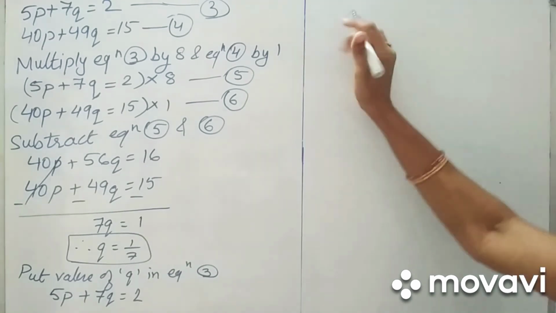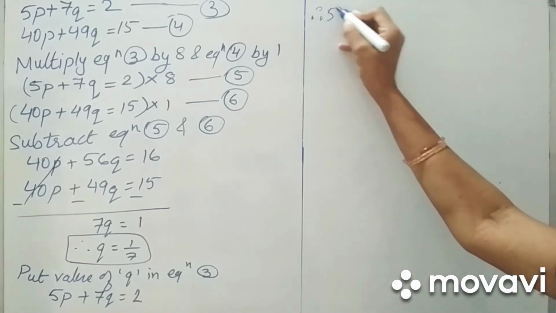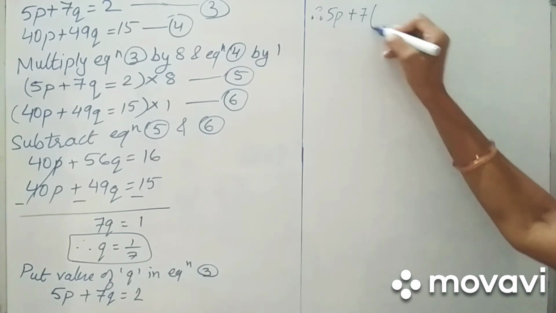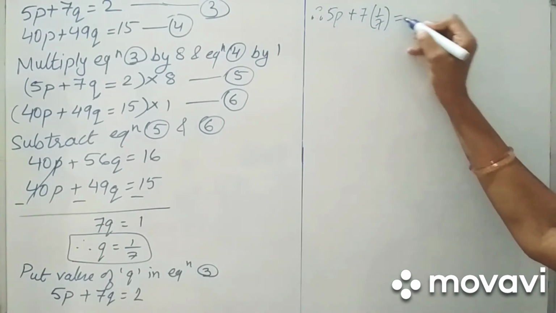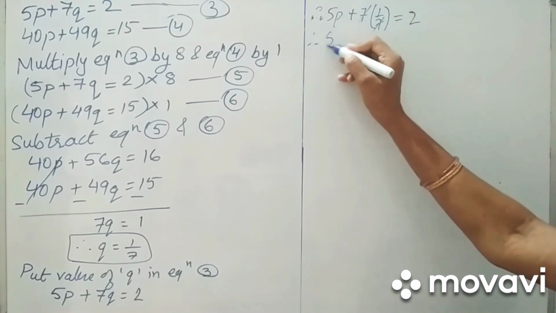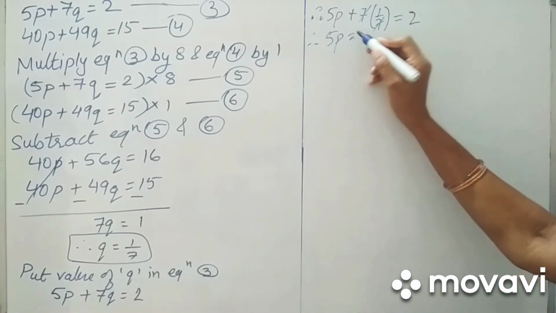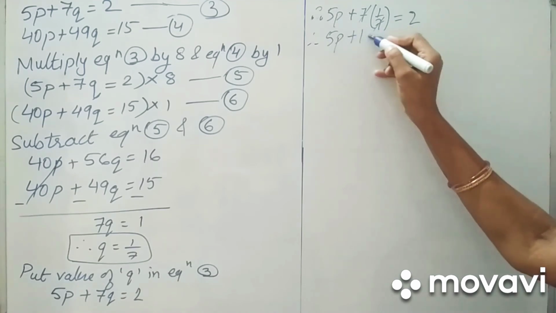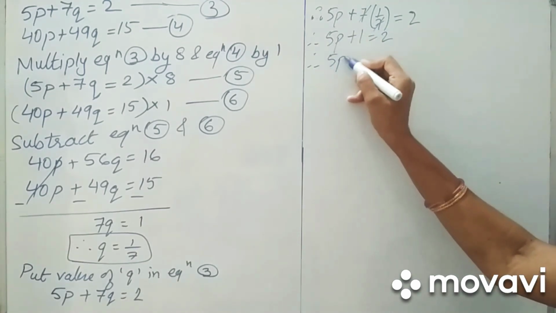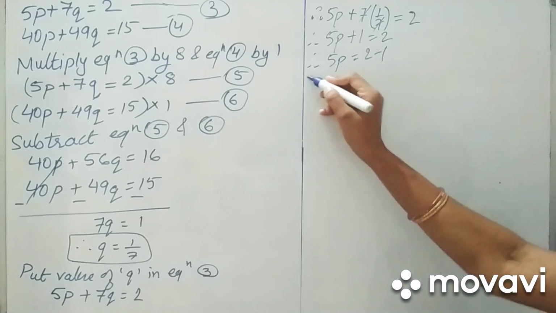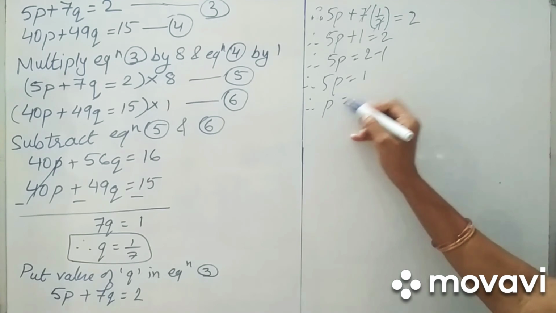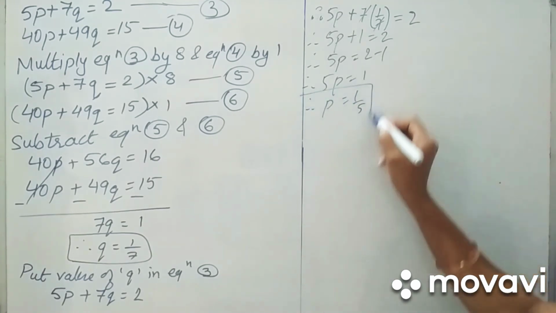Therefore, 5p plus 7 into 1 upon 7, the value of q, is equal to 2. 7 is cancelled. Therefore, 5p plus 1 is equal to 2. Therefore, 5p is equal to 2 minus 1, 5p is equal to 1 and p is equal to 1 upon 5.